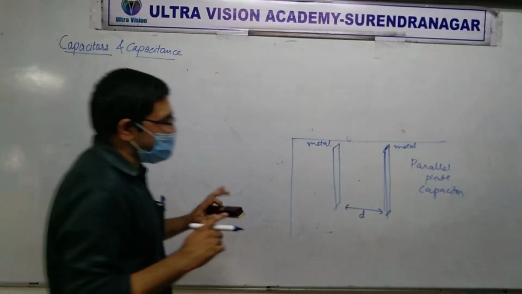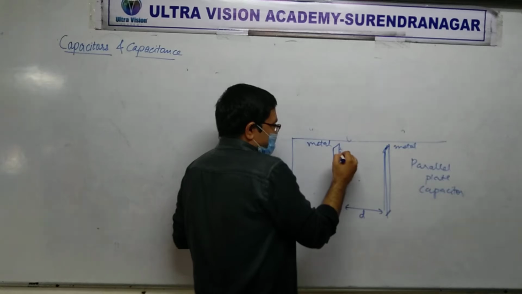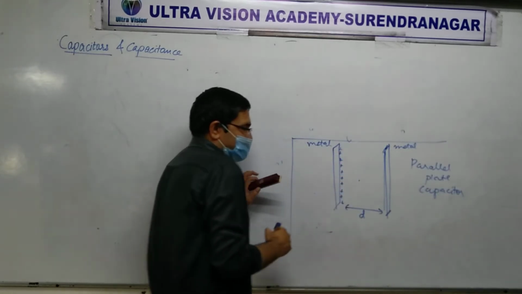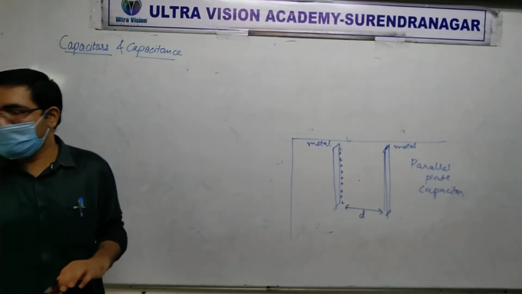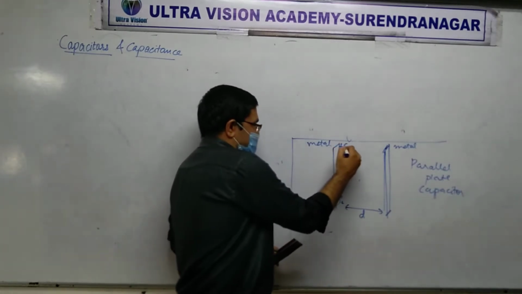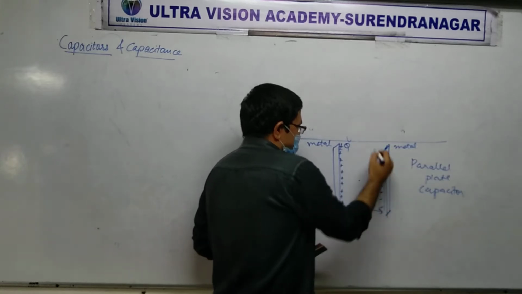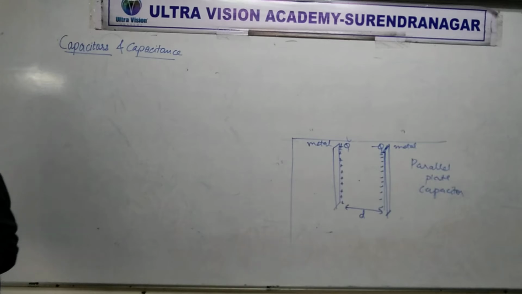So, for example, if the inner face of this metal plate, and a plate has two surfaces while a sheet has only one, stores plus q charge total, then the inner face of the other one will store minus q charge. Is that clear or not clear?